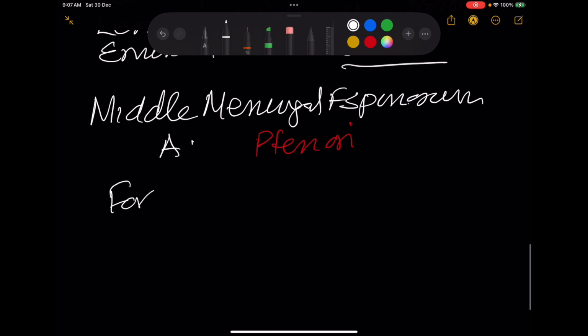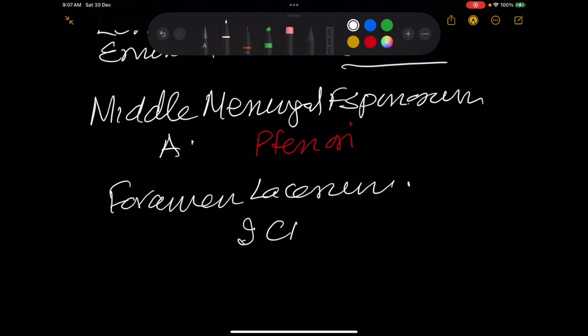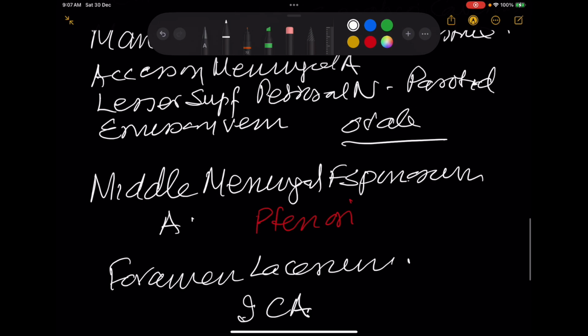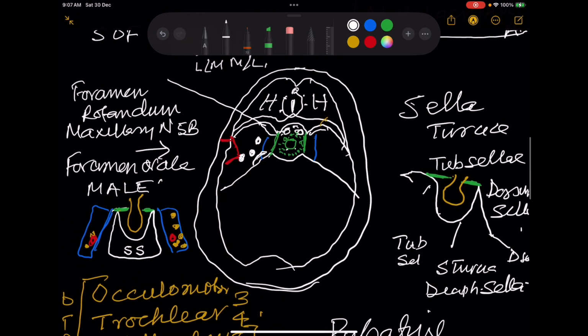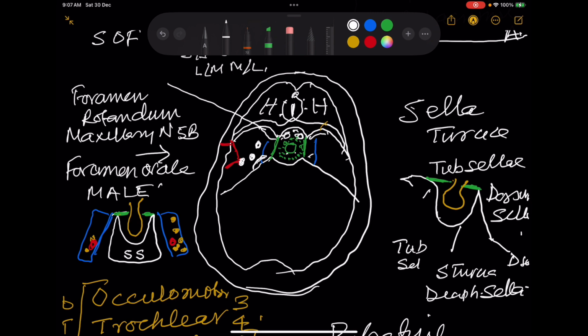Now this foramen lacerum passes the internal carotid artery, and the course of the internal carotid artery is that it enters through this foramen.